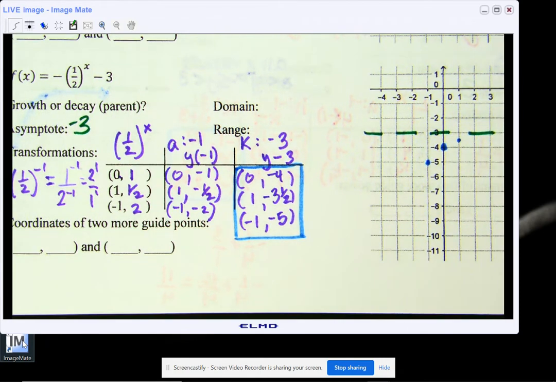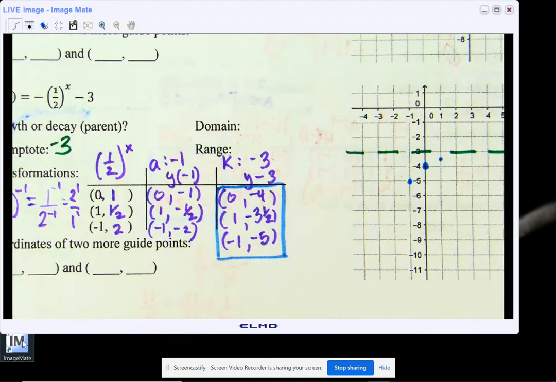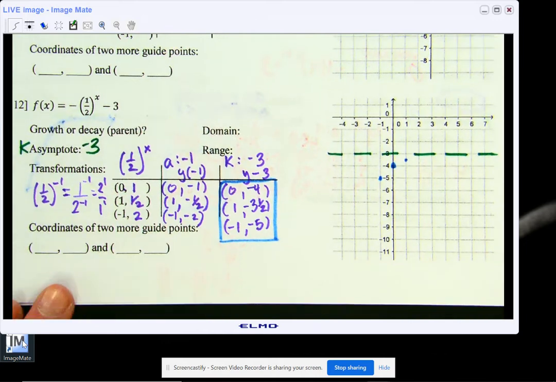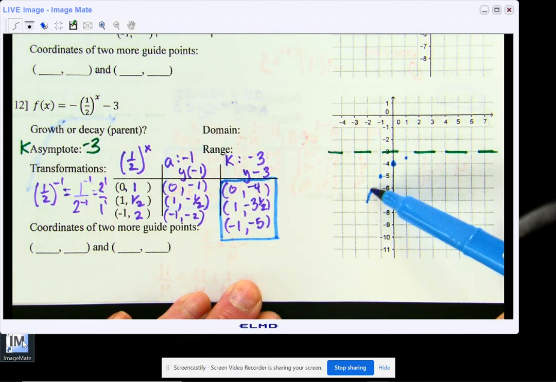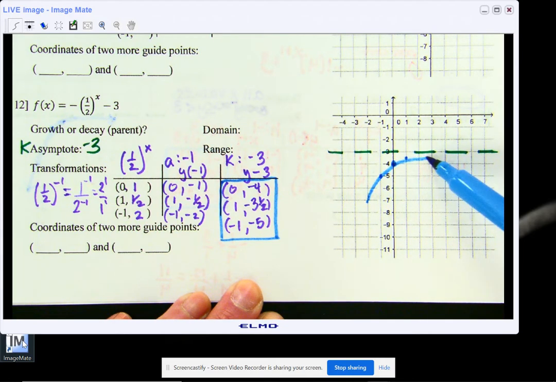And it's going to look a lot like a straight line, but it's not. Remember, we always curve towards the asymptote or away from it. Do as best you can. It's a little tricky.